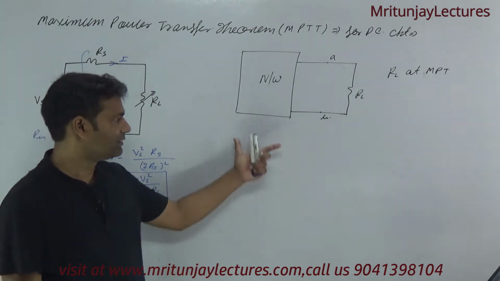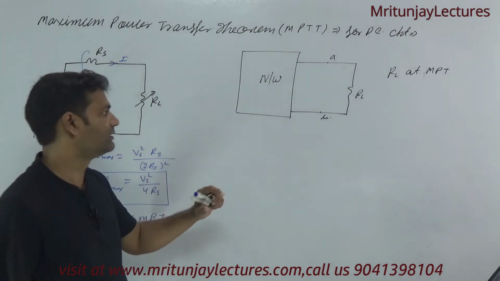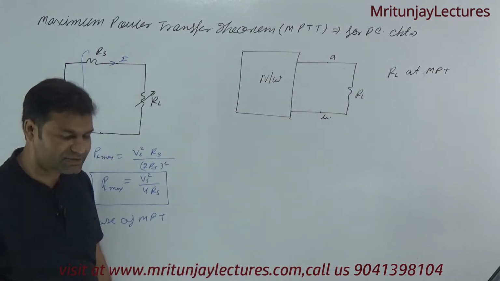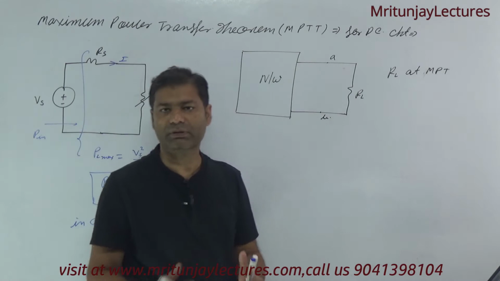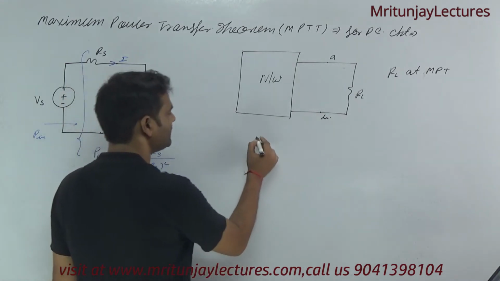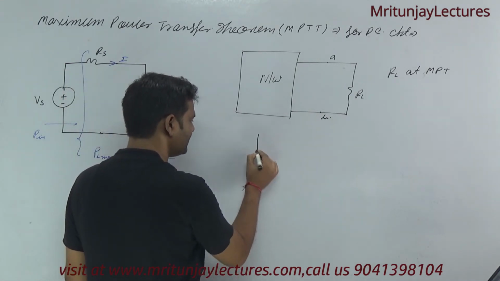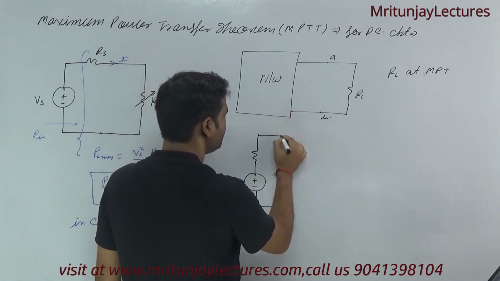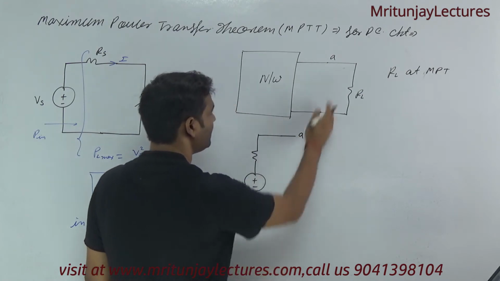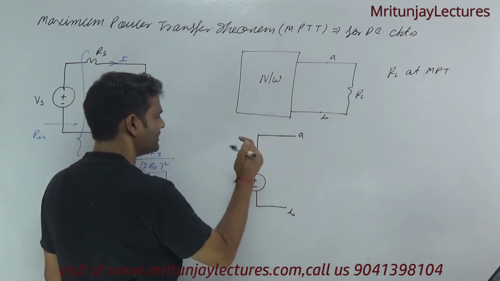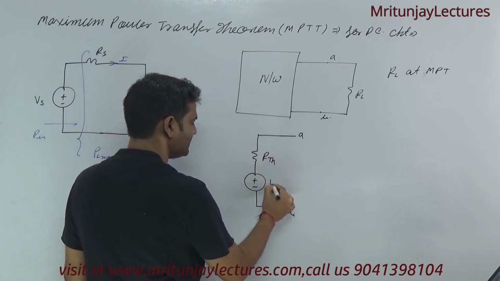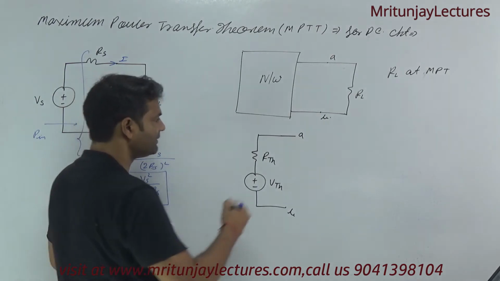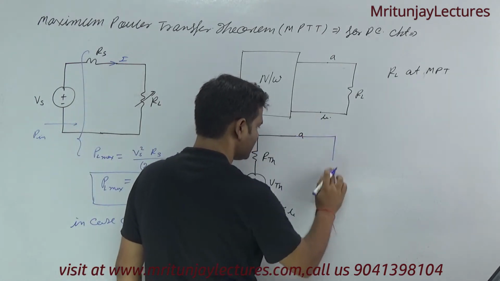Okay, if the question is given like this, then I know that a linear bilateral network can be represented at any two terminals as VTH and RTH, across A and B. First open the terminals, and this network is represented like VTH and RTH. After that, connect RL.